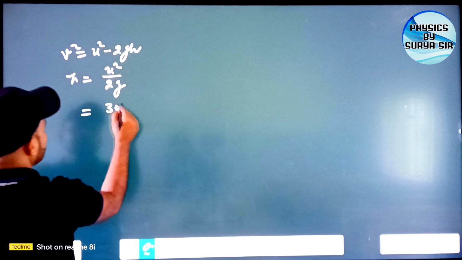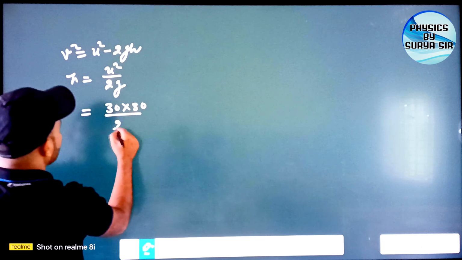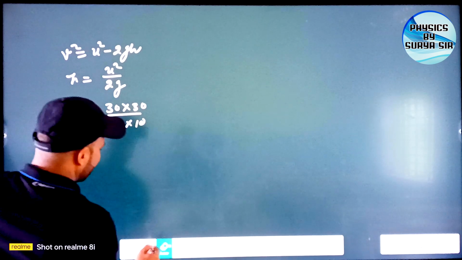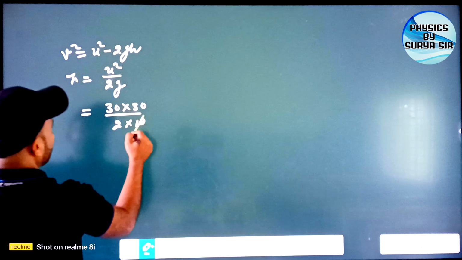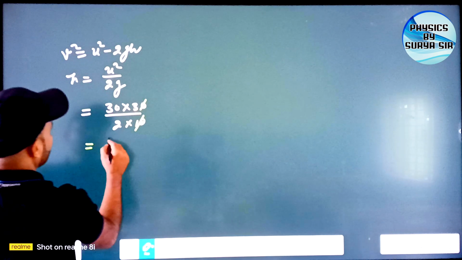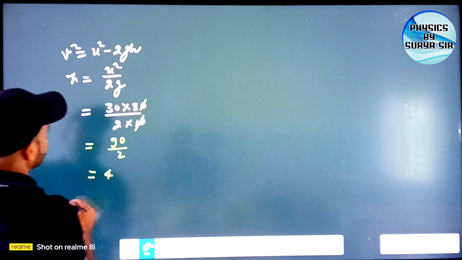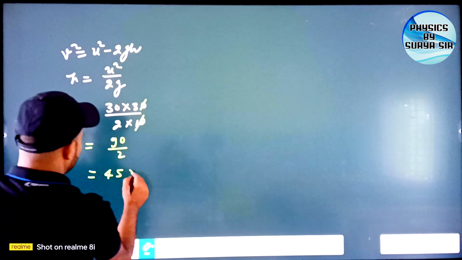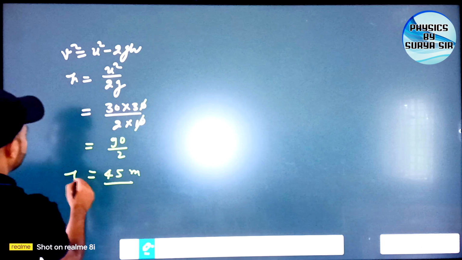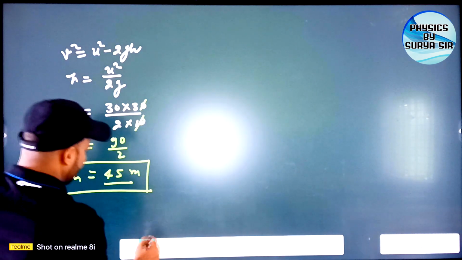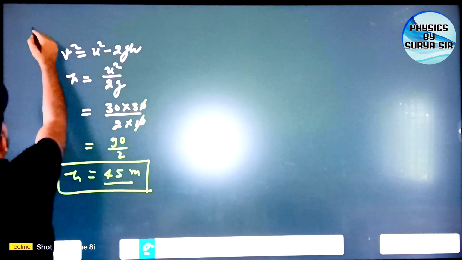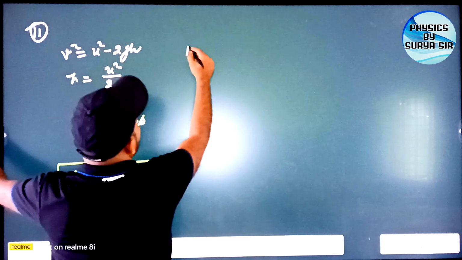So u square is 30 into 30 upon 2 into g. We can solve this. This is 900 upon 20, that is 45 meter. The value of h is 45 meter. Then the maximum height is the second question. What will be the maximum height?